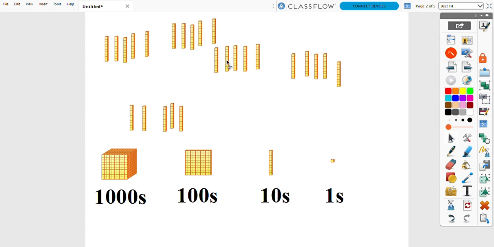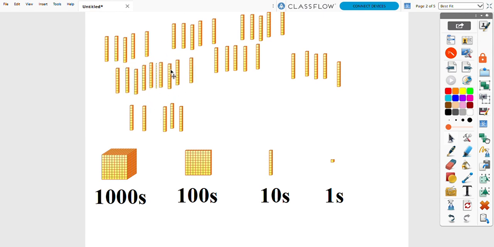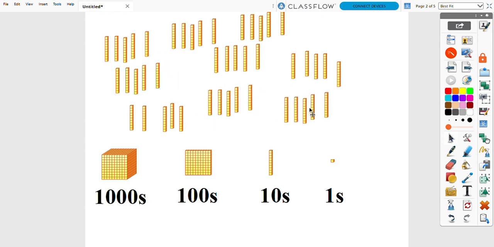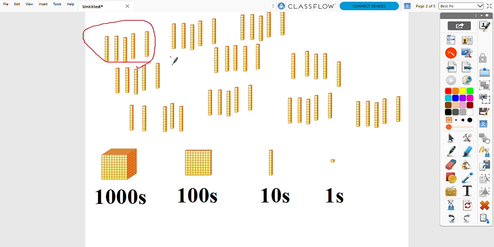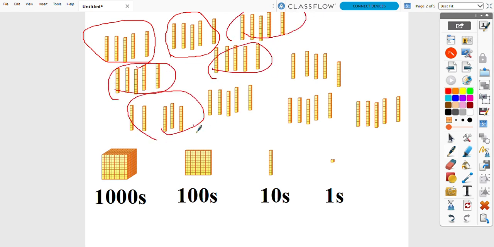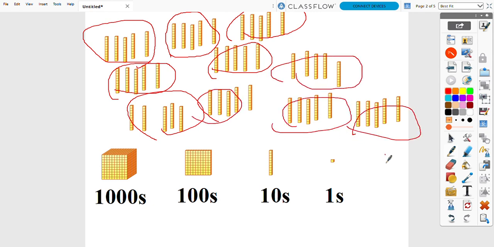So 1 group, 2 groups, 3 groups, 4 groups, 5 groups, 6, 7, 8, 9, 10. Here's 50 10 times, right? I'll even circle them to make you see them. 1 time, 2 times, 3 times, up to 10 times.